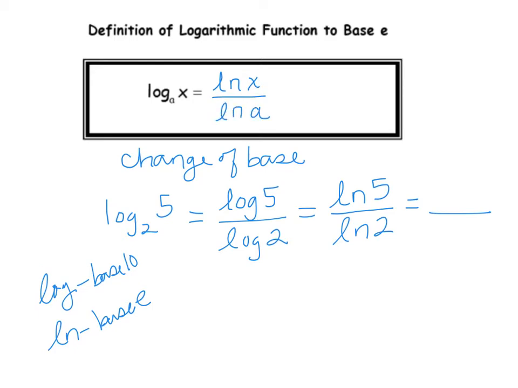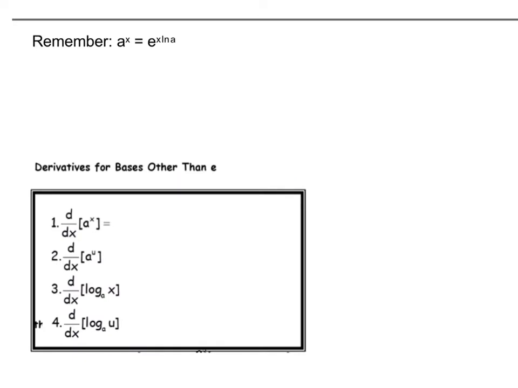And we're going to use that to take the derivative of different formulas, because we know how to take the derivative of the natural log of x, and the natural log of a is a constant. So we know what to do with it as well. Okay, so change of base is one idea we need to keep in mind.